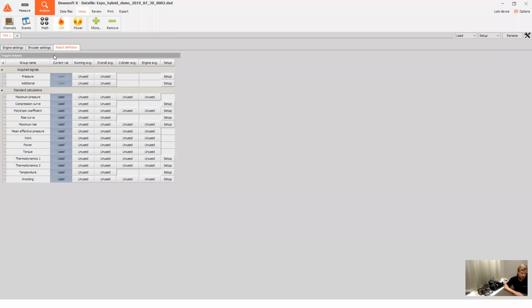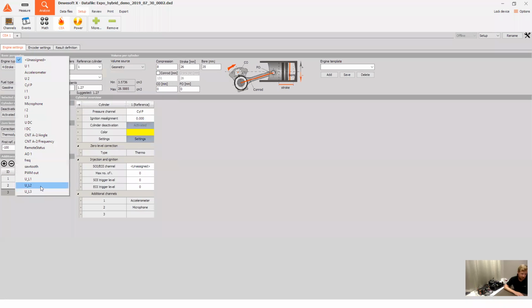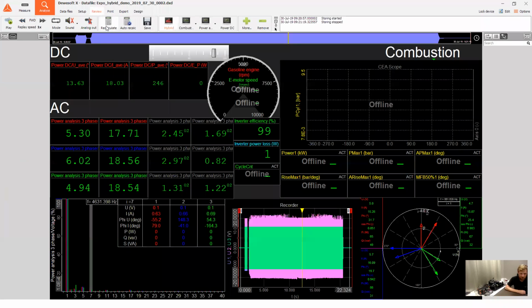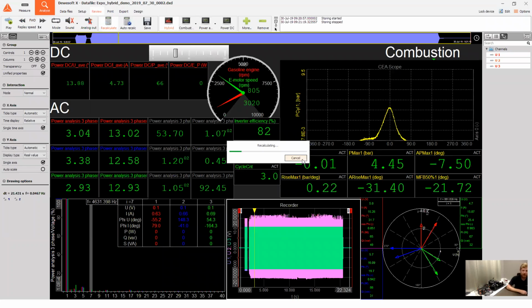So if we go to the combustion analyzer, we can add additional channels to the cylinder, and we can, for example, add the voltage and current channels to the combustion analyzer. And now when we go back to the data file and recalculate, we can do everything also offline as long as we stored all the raw channels or all the analog input channels.